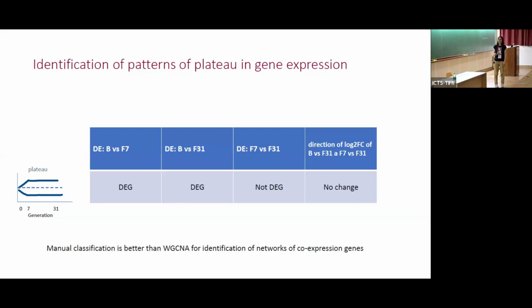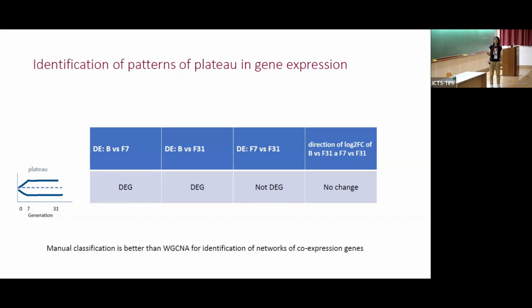So for identifying a gene expression pattern that we call plateau, the gene should be differentially expressed at generation 7 and 31 compared to the founder population, but there should be no differential expression between generation 7 and 31. So it should be plateaued, and there should be no change in the direction of fold change.